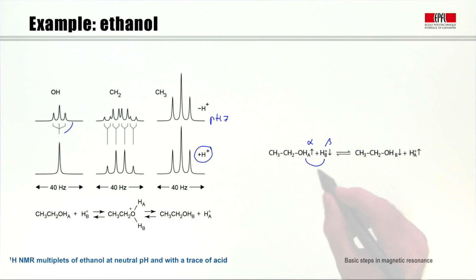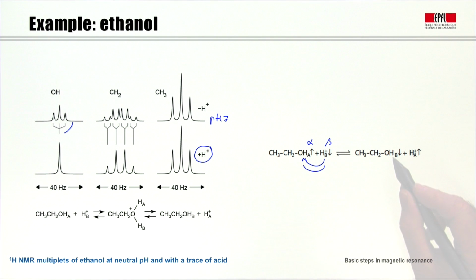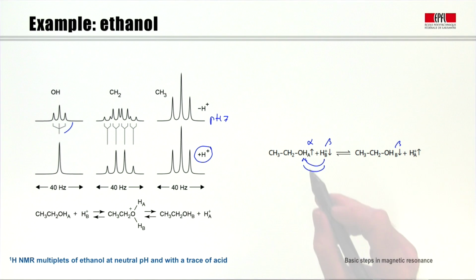If these two exchange, and that is exactly what chemical exchange is all about, then of course the B proton will become part of the ethanol molecule, but it will retain its beta polarization, whereas the A proton will go out into the medium while retaining its alpha polarization.